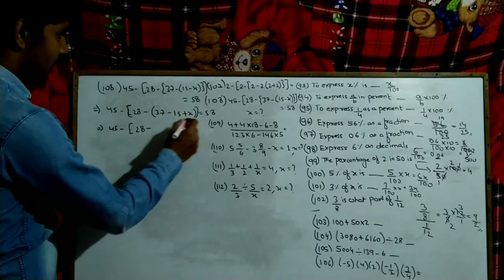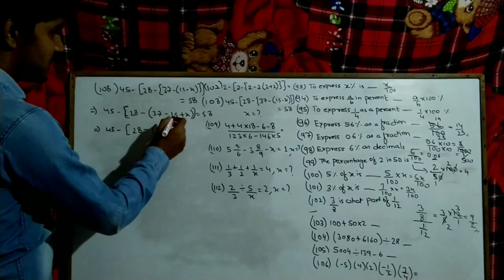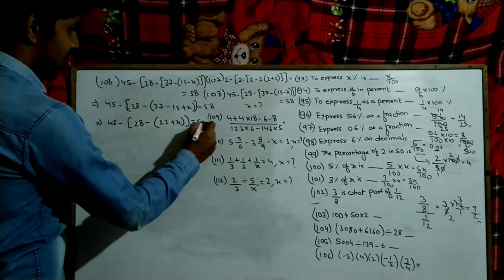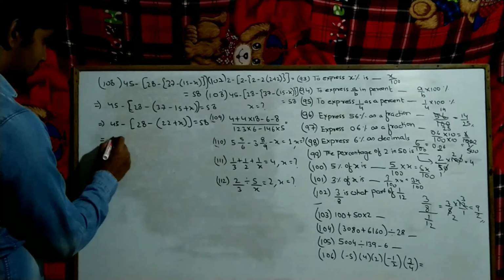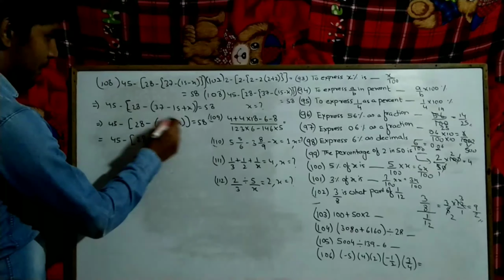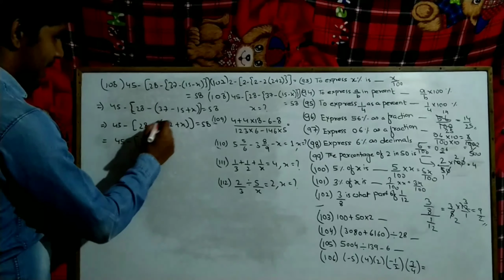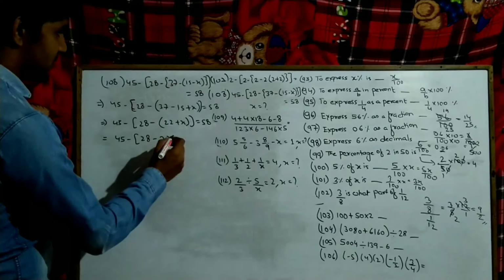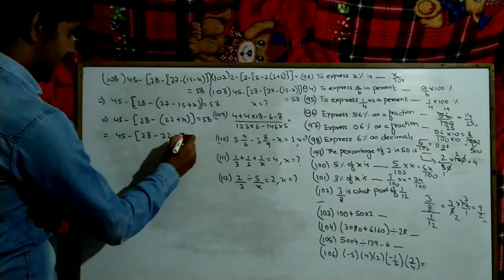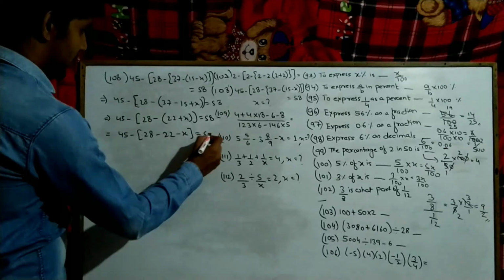Now solve the brackets. 37 minus 15 comes 22, plus x, bracket 58. Okay, now 45 minus 28 minus, now open the brackets, 22 minus plus will be minus. Okay, clear everyone? So minus x is equal to 58.